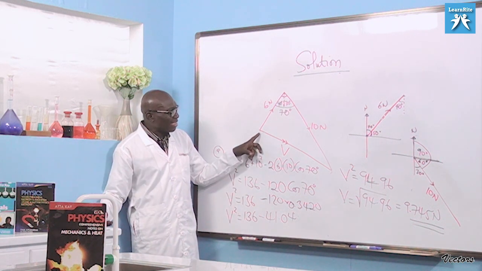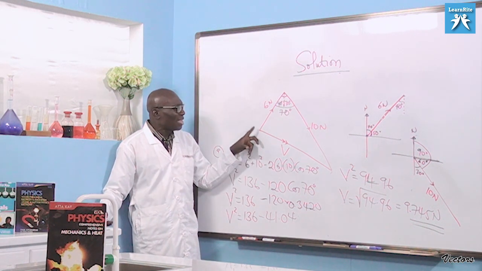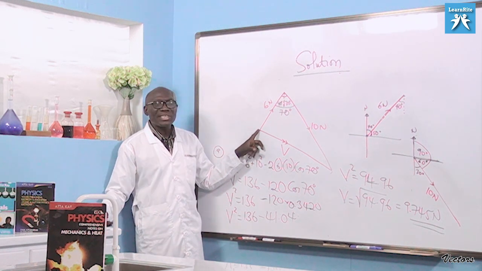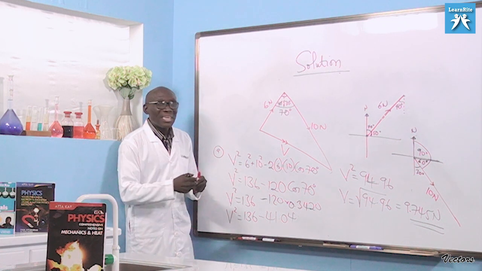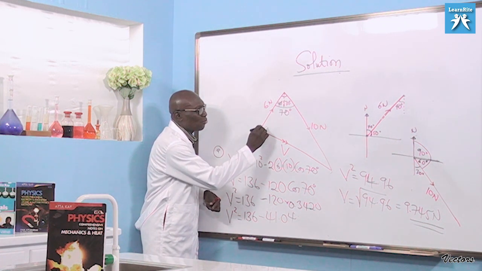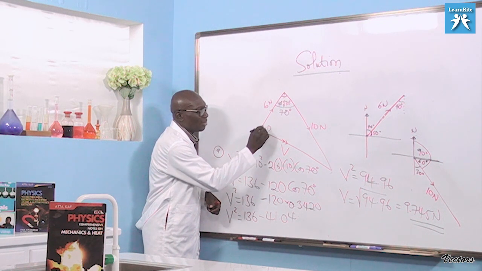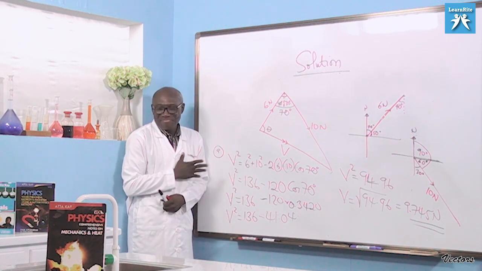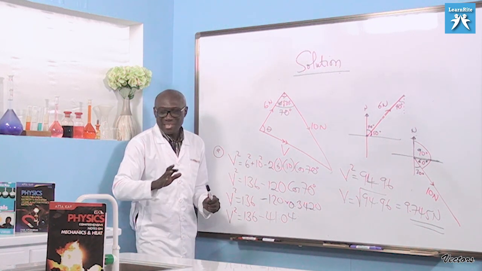So if this resultant vector starts from here, then we need to concentrate on this end. First of all, I'm going to call this angle theta. So let's search for this angle.